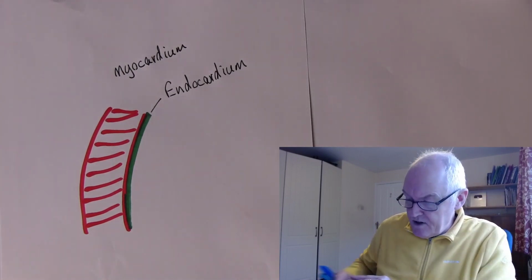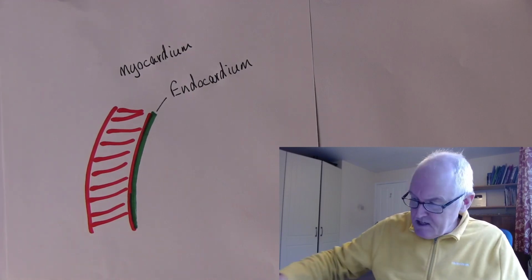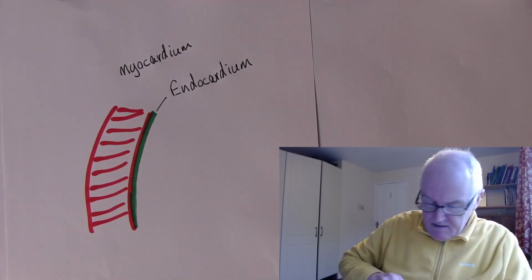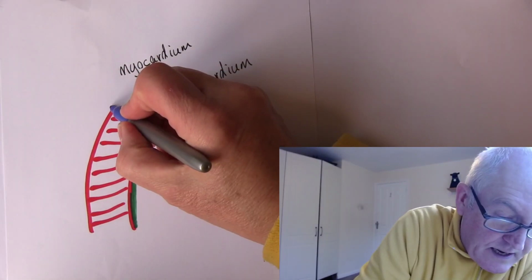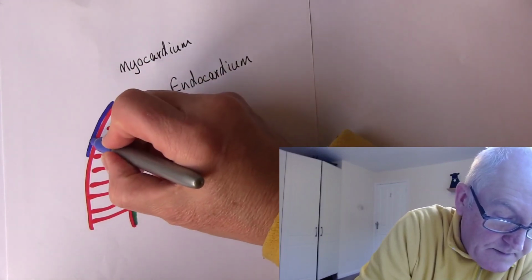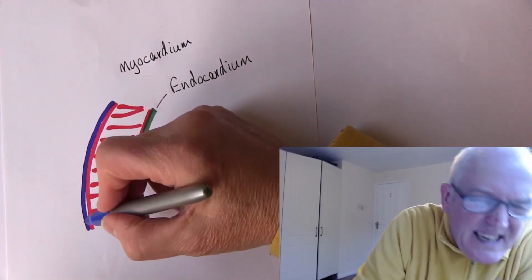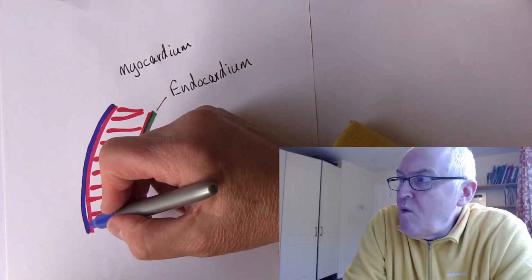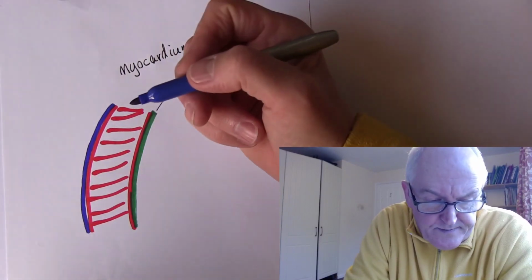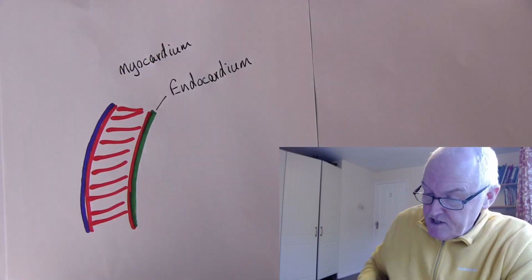So what we have first of all is a thin layer of pericardium on the outside of the heart. But is the heart one of the visceral organs? Yes, it is. It's part of the visceral organs.